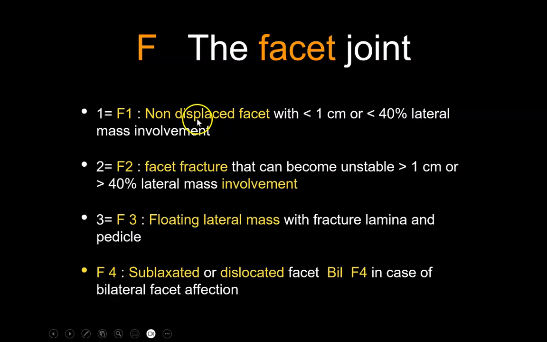So in all three types the joint is in place, whether with a small fracture, a bigger fracture, or floating but in place; but once it is a subluxated or dislocated facet, or bilateral, it is F4. So we have A, bone; B, ligaments; C, translation; and F, concerning the facets.